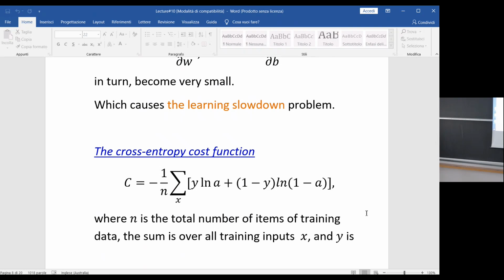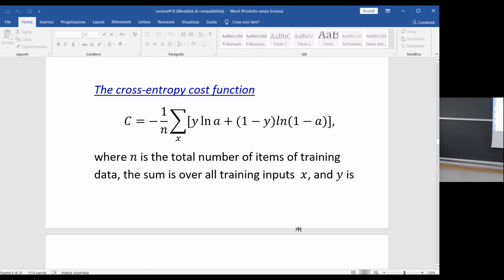So our aim is to make the value a, the real result of our neural net, and y the desired value, vanish the cost function.